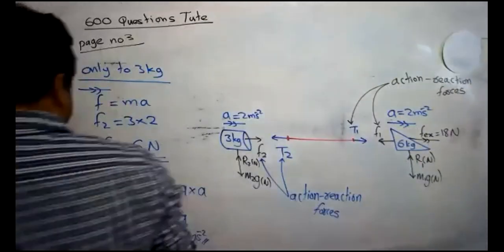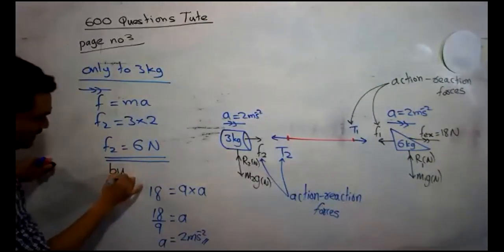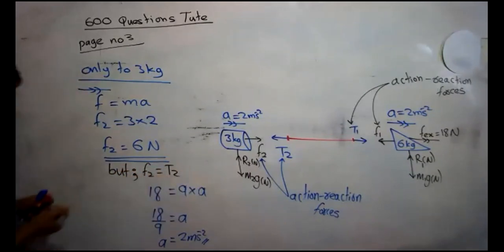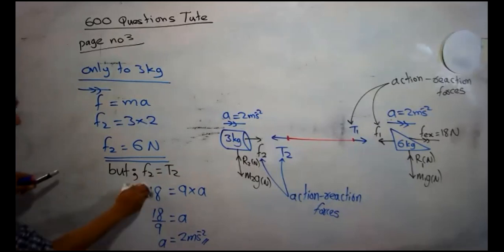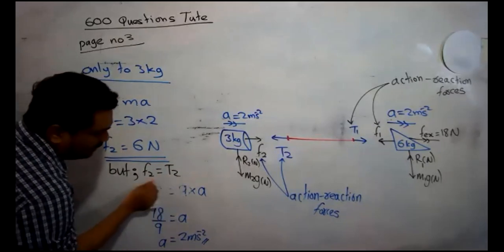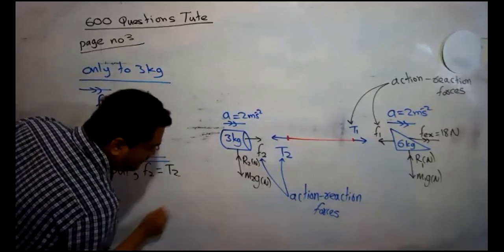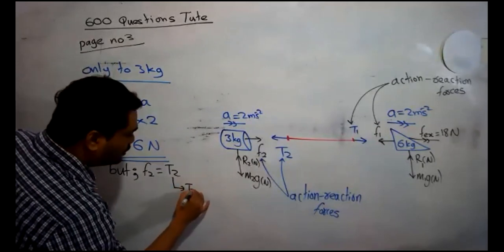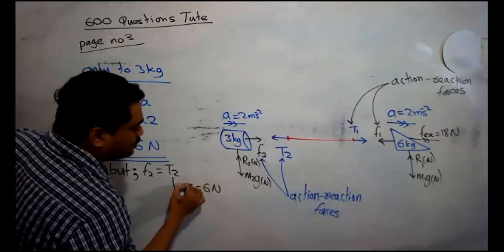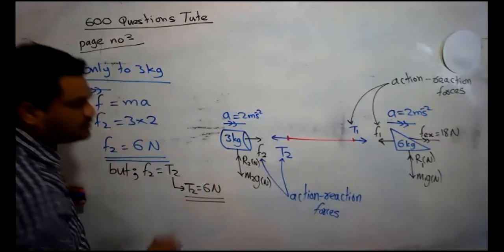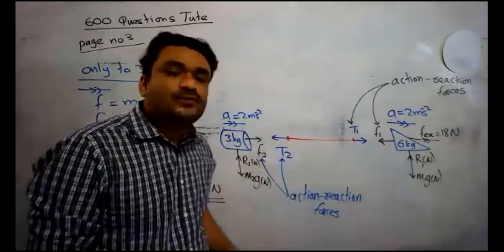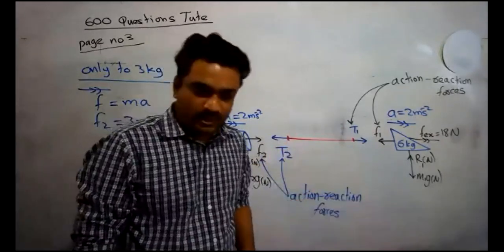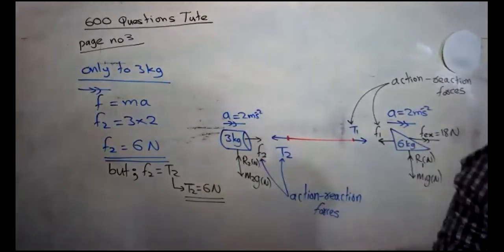Yes, very good. 6 Newtons. Very good. But we know that F2 equals T2. So if F2 is 6 Newton, T2 should also be 6 Newton. So these T1 and T2 forces are said to be tension forces in the string. Complete it here. Mark it.